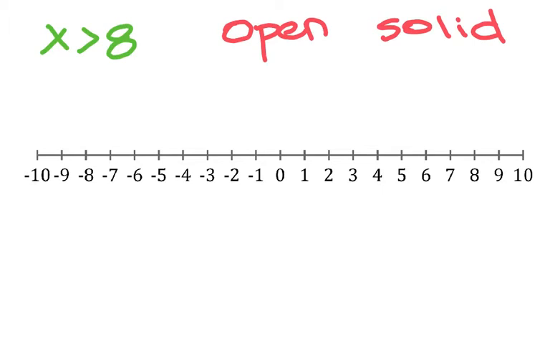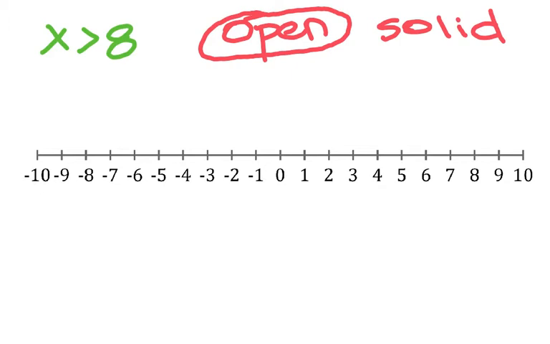So here we go, looking at this and seeing what you can do using your brain. X is greater than 8. Is that an open or a solid circle? Either using your memory or your notes, it is an open circle.